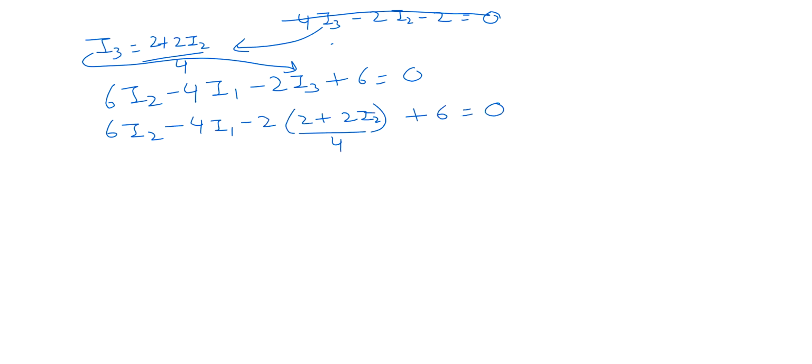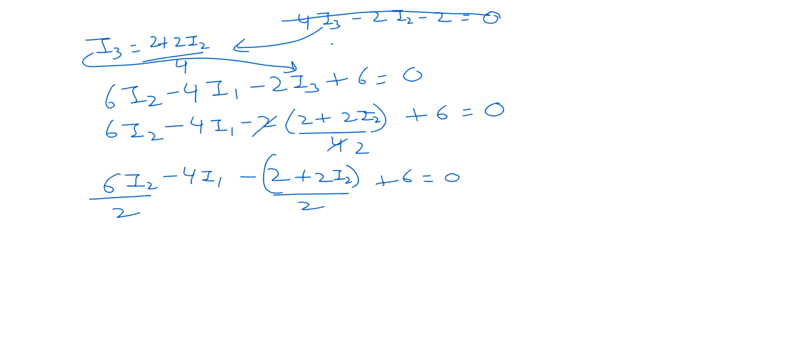Now you solve this. This will cancel out 2 here. So 6I2 minus 4I1 minus 2 plus I2 over the denominator 2, plus 6 equal to 0. To make a common denominator, I am dividing the whole thing by 2 and then multiplying by 2 here.